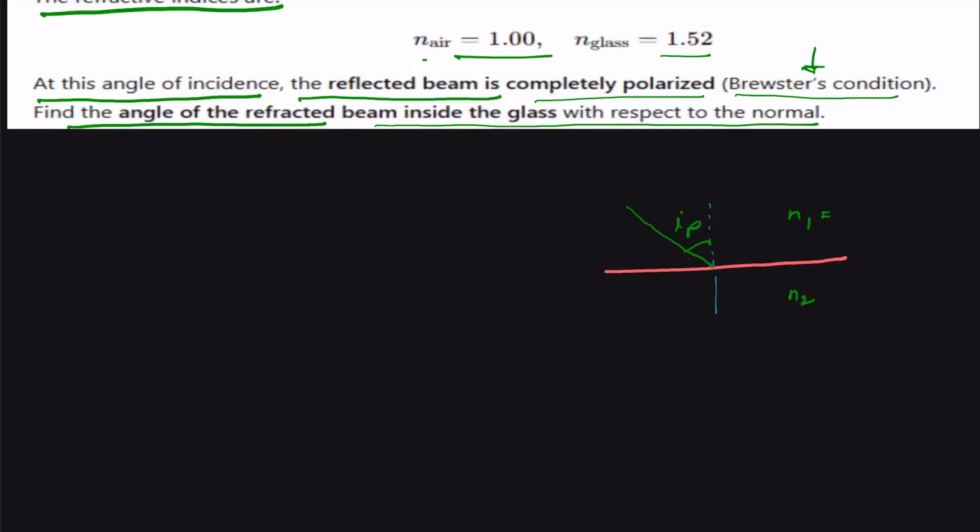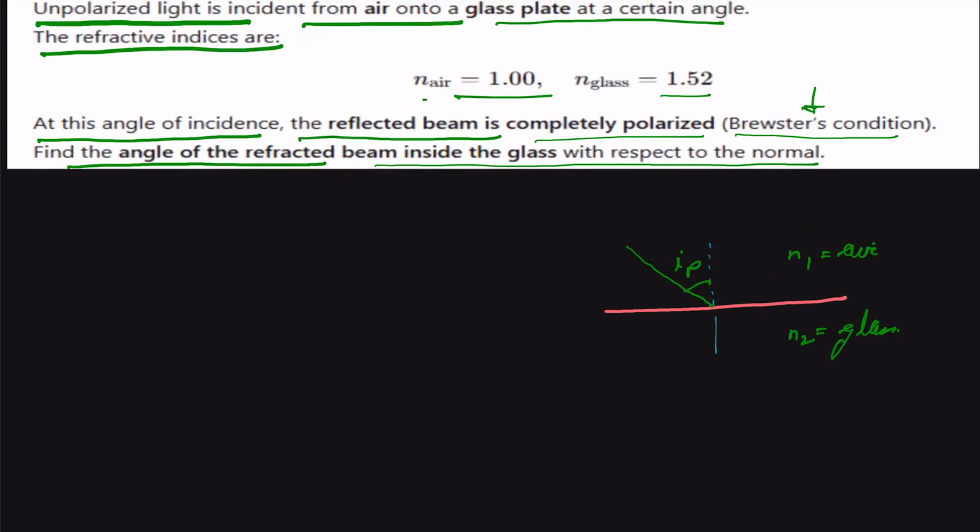So N1 is air and N2 is glass. Therefore, there is a Brewster condition which states that the tangent of this angle I P, if this condition is maintained, is the ratio of N2 upon N1.